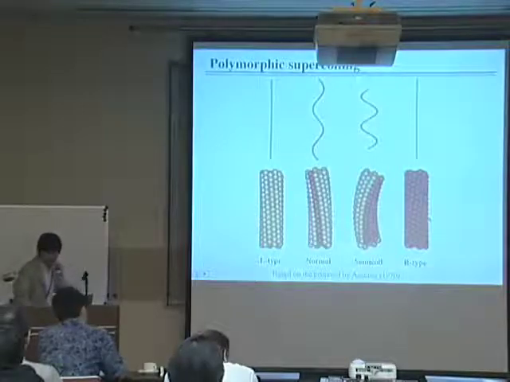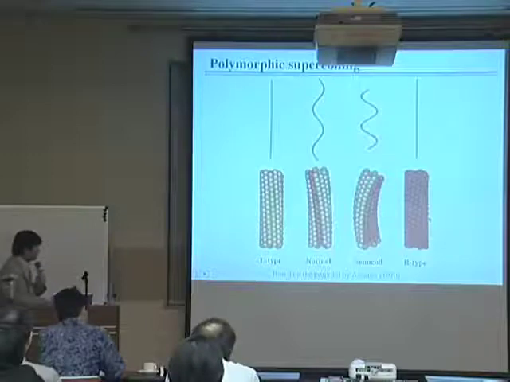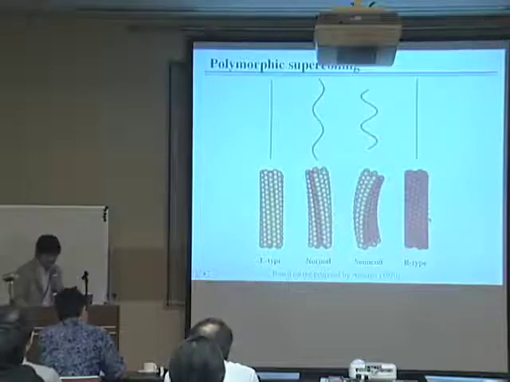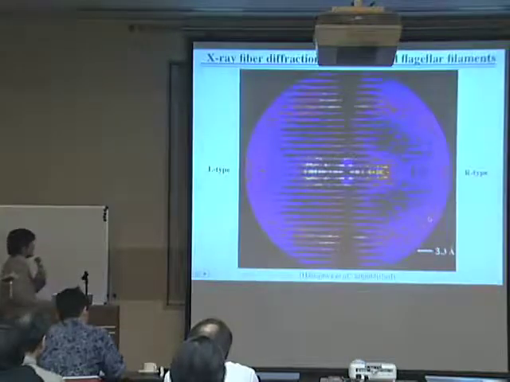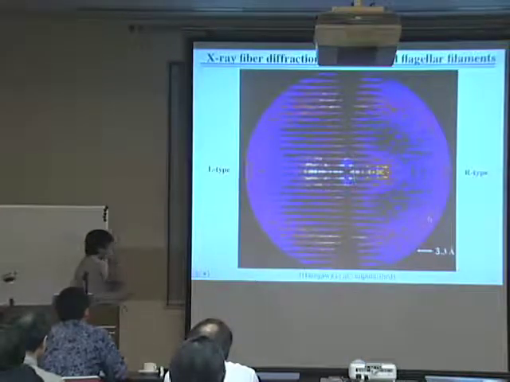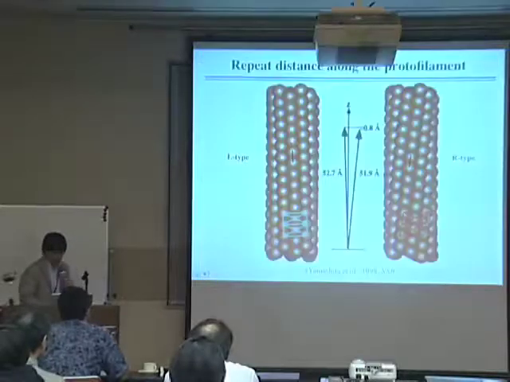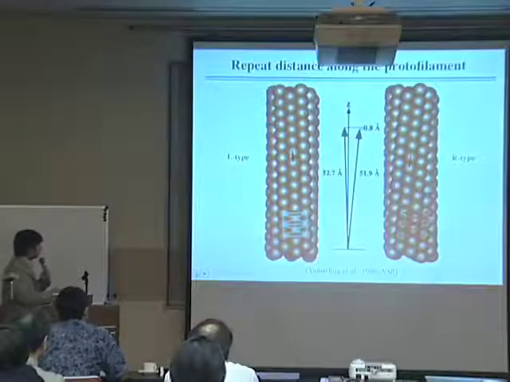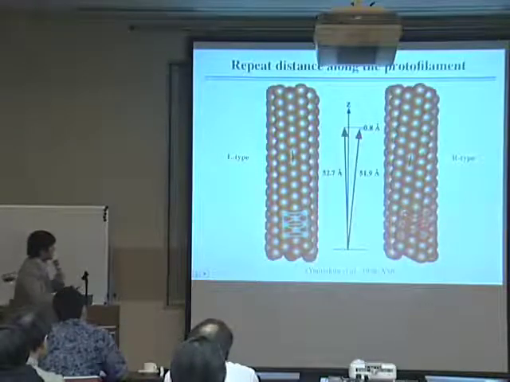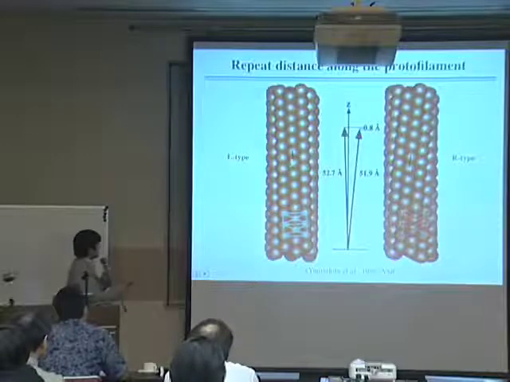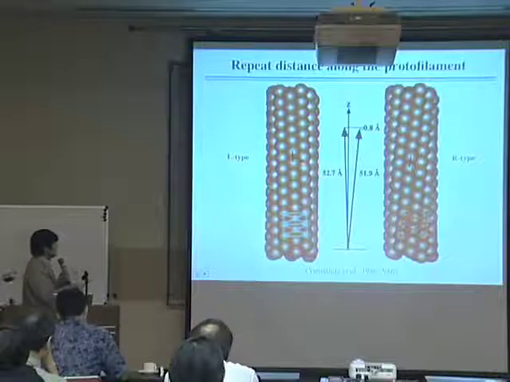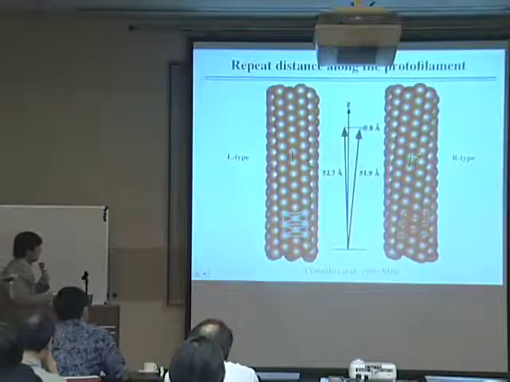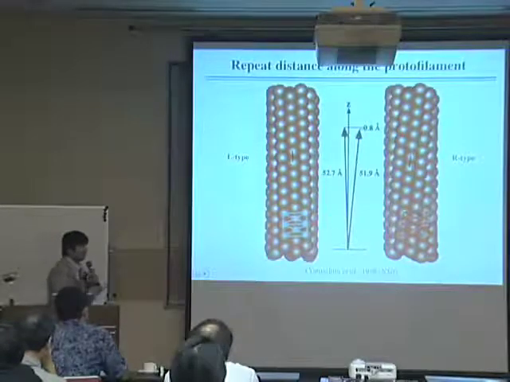The helical packing parameters of these two types of filaments were analyzed using X-ray fiber diffraction. What we found is that the repeat distance difference between the longer repeat and the shorter repeat is only 0.8 angstrom.